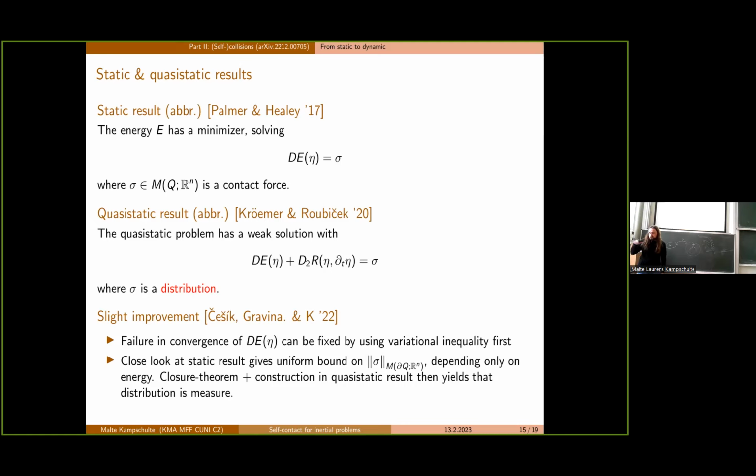It's actually L2 in time and measure in space, and find some compactness closure argument for contact forces. Then you know, okay, all three terms converge in this equation, and so the limit is also nice.